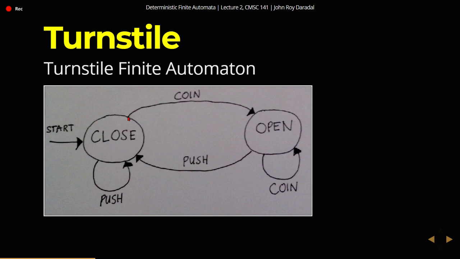It will only open once you insert a coin, right? So when you insert a coin, it transitions to the open state. Now, once it's open, no matter how many coins you insert, it will remain open. And it will only close again once you pass through the turnstile and you push the lever, right? And once you push it, then it becomes closed again. So this is the simple finite automaton for the turnstile.